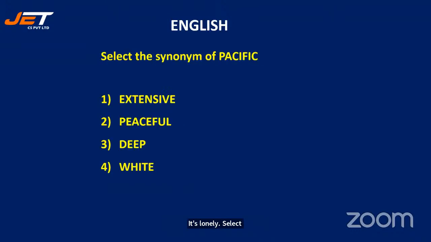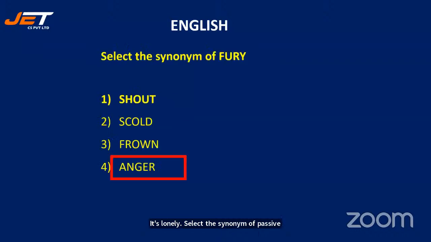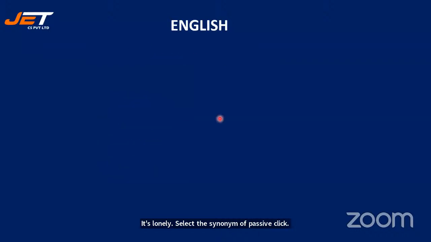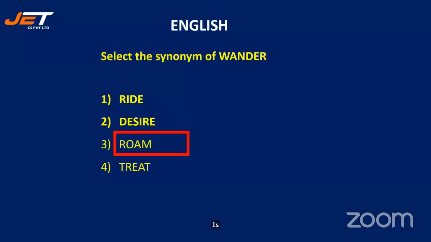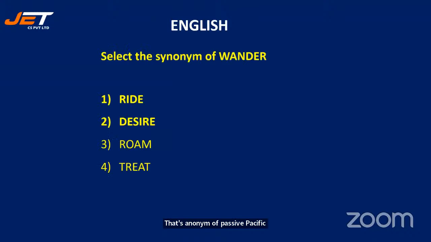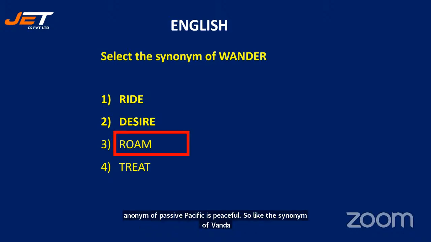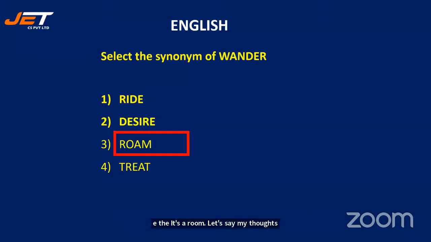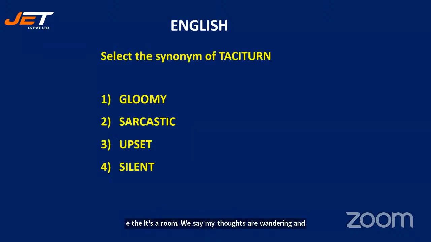Select the synonym of pacific. The synonym of pacific is peaceful. Select the synonym of wander. It's roam. We say my thoughts are wandering, like they're roaming.